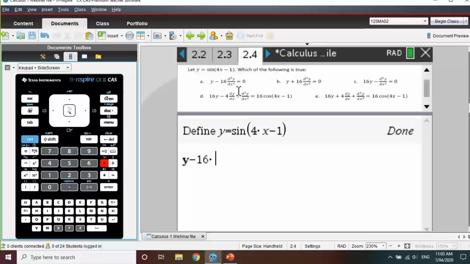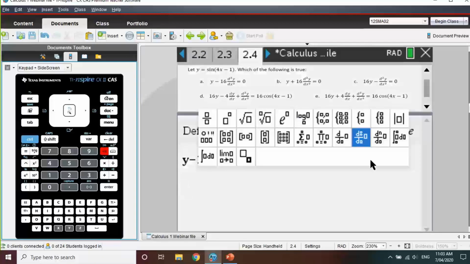Now, to efficiently type in the second derivative, on the right-hand side of our CAS, next to the book button, there's this little button here that has a couple of templates. So if we click that, we should get this little submenu pop up. And the tile that's highlighted there, d squared over d something squared, that's the second derivative template. So it's a really quick way of obtaining the template for the second derivative.